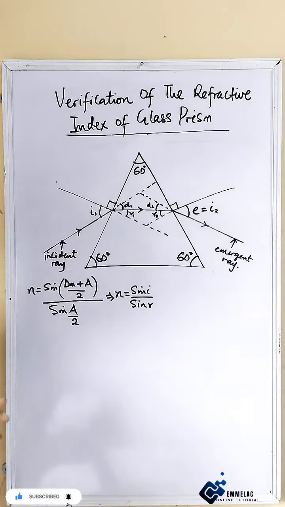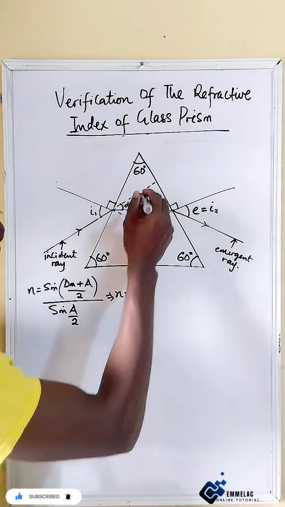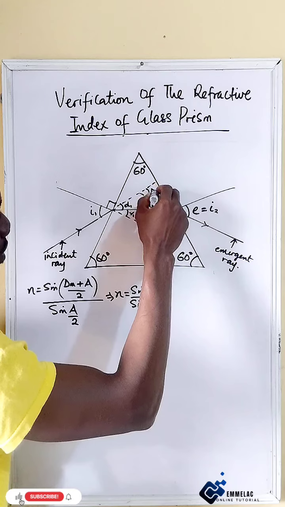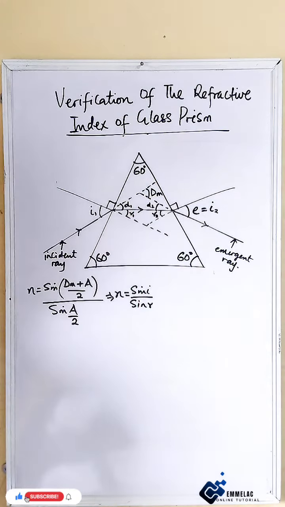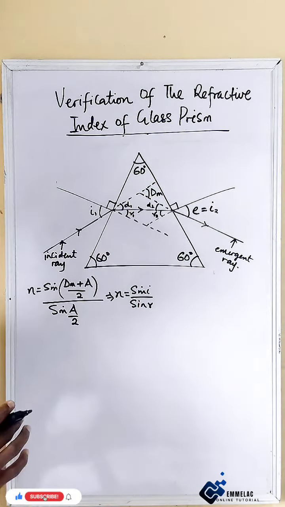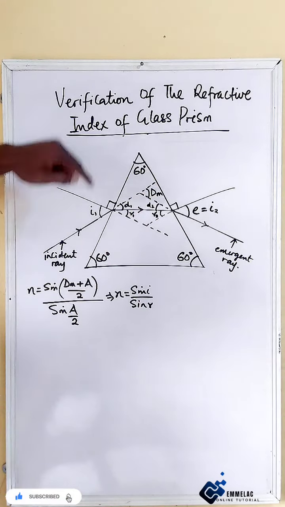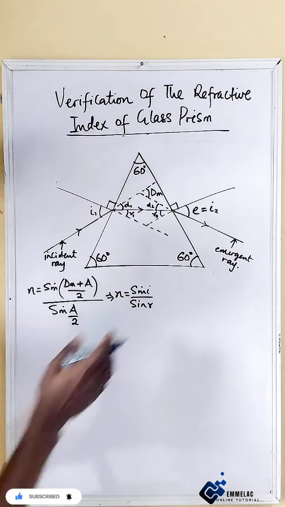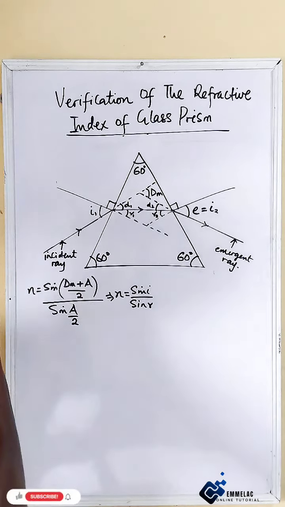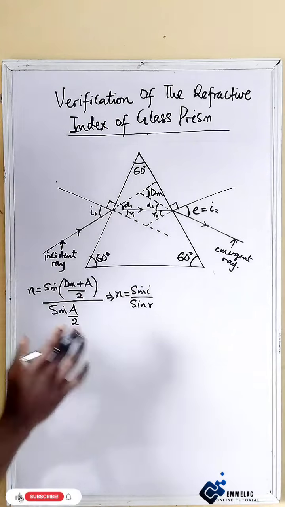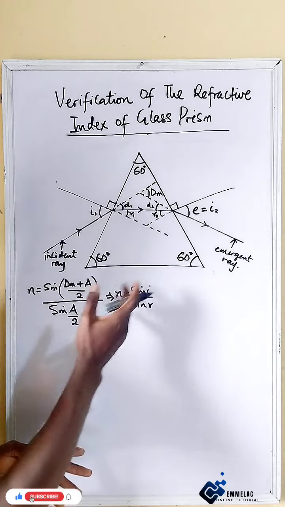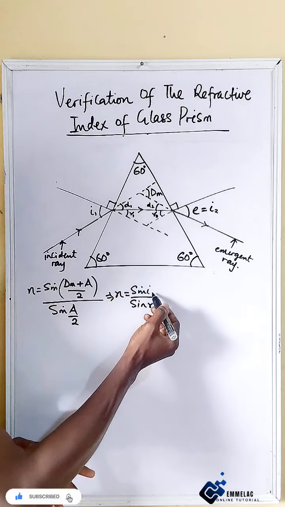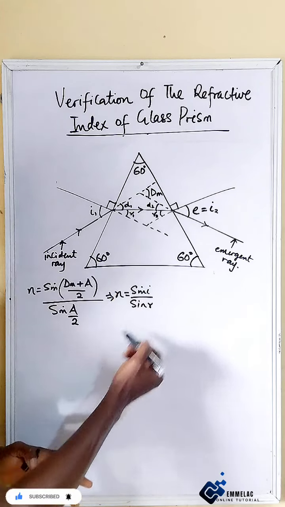So at this point, this angle here is what we call the minimum deviation. The minimum deviation is the smallest deviation produced by the prism. Here we will now start deriving the expressions for the incident angle and the refracting angle.